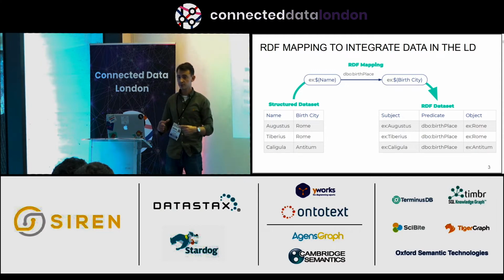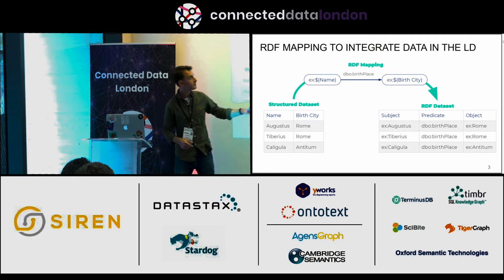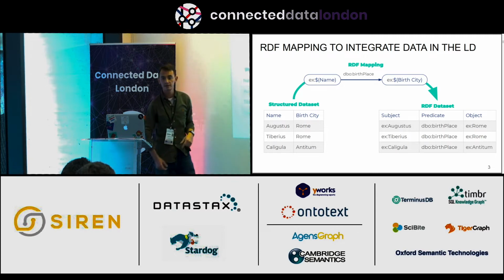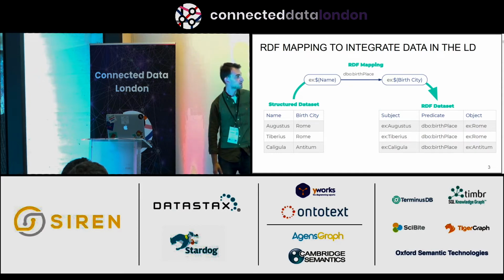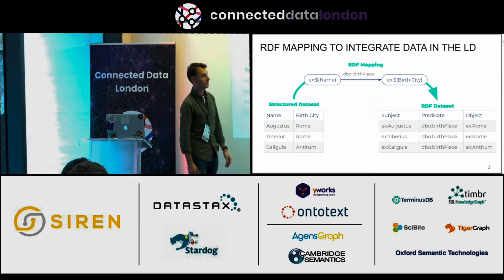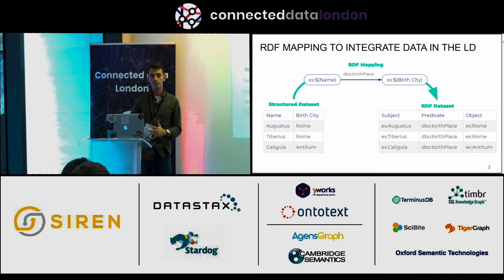And these two entities will be linked by the birthplace property. And it will give an RDF dataset with persons that were born in a specific place, a specific city. So we can transform non-RDF datasets into RDF datasets.